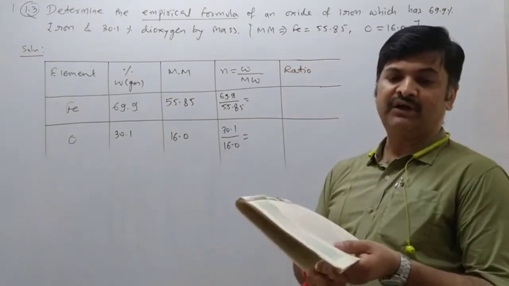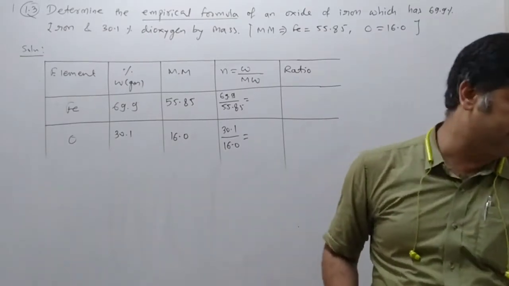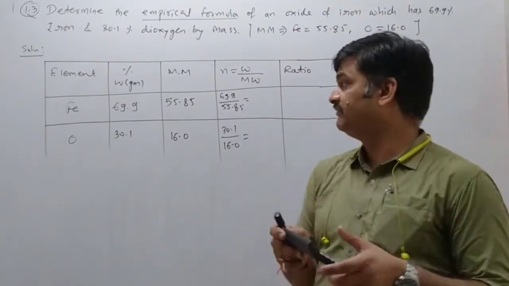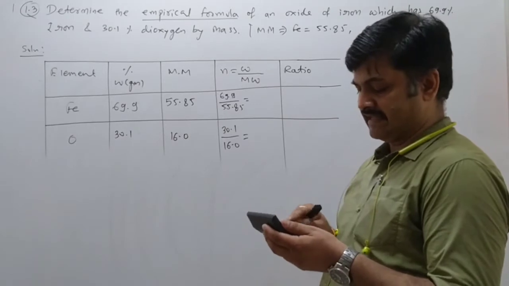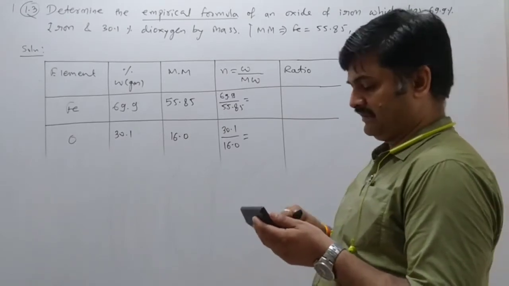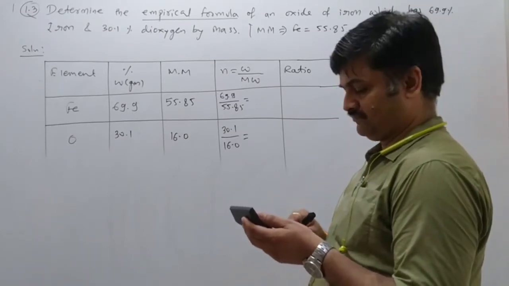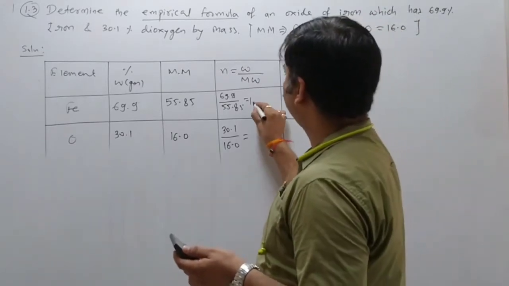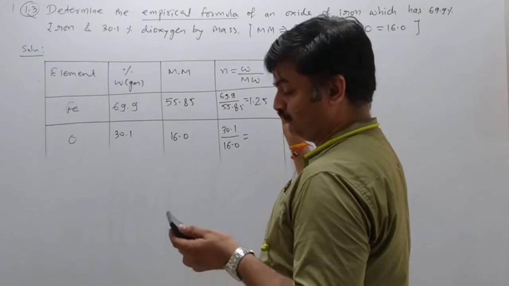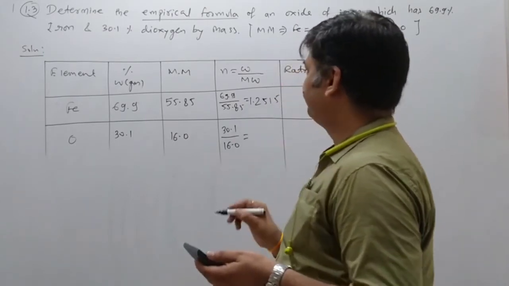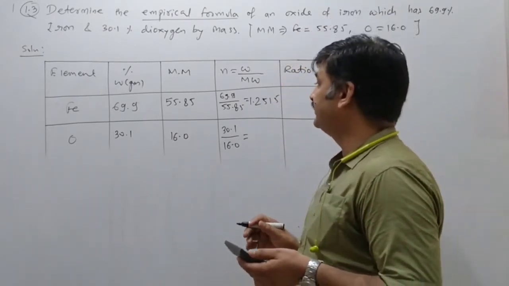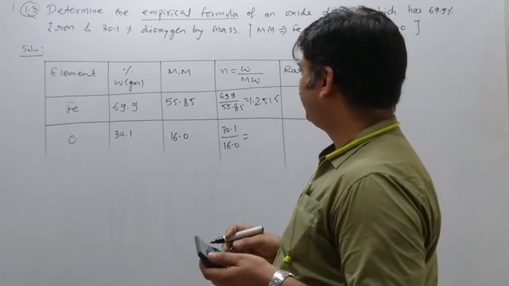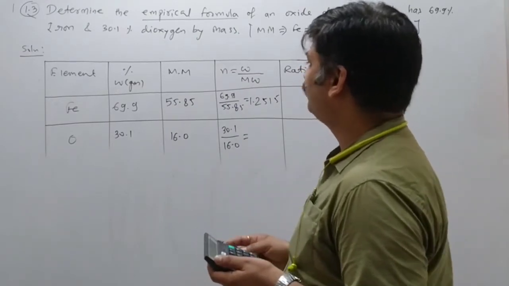Now here a calculator is required, and in that condition what we have to do, 69.9 divided by 55.85. Here the answer will be 1.2515. See, we are using the calculator.